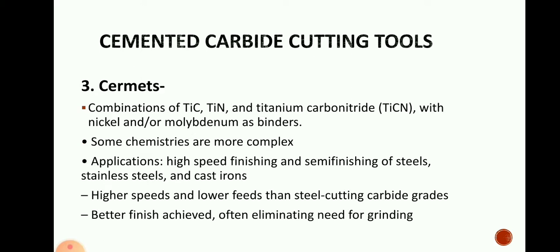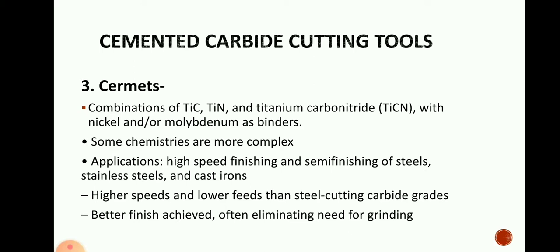Thirdly, there is one more concept called cermets. These cermets are the combination of TiC and TiN and titanium carbonitride. Due to the addition of these, also with nickel and molybdenum as a binder, these are mixed, and due to that mixture a cemented carbide cutting tool is produced, which will have high speed finishing and semi finishing of steel.